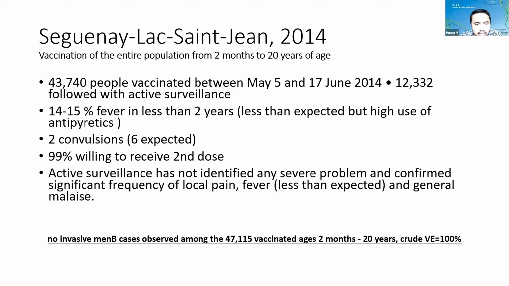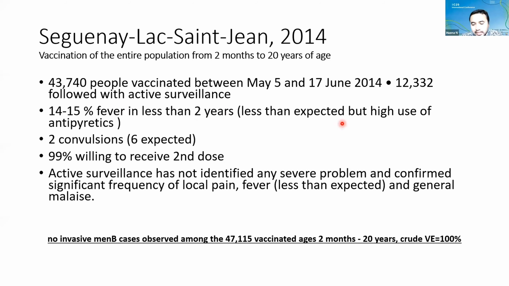Around 43,000 people were vaccinated between May and June 2014, and around 12,000 were followed with active surveillance. Around 14 to 15% had a fever in less than 2 years.